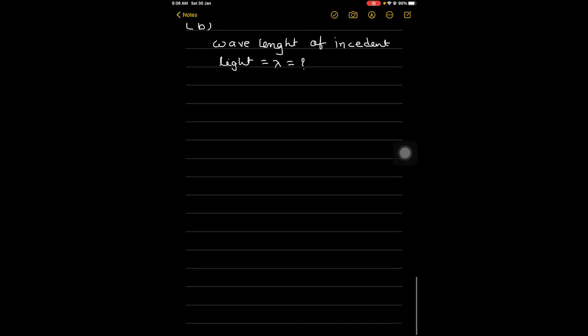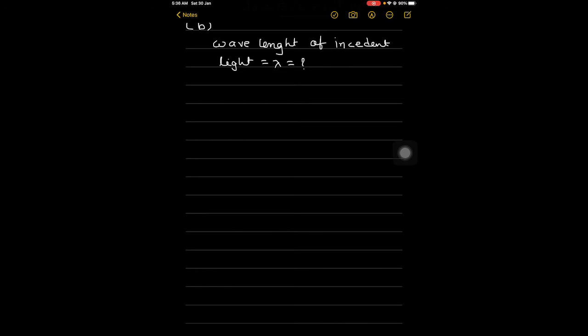To find it, we can again apply Einstein's equation for photoelectric effect. The photocurrent reduces to zero when the maximum kinetic energy of the emitted photoelectrons equals the potential energy eV0 given by the stopping potential V0.